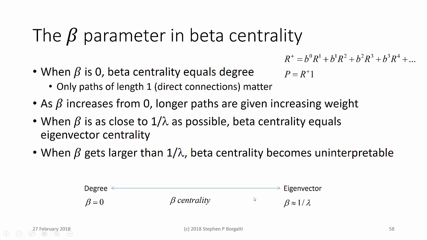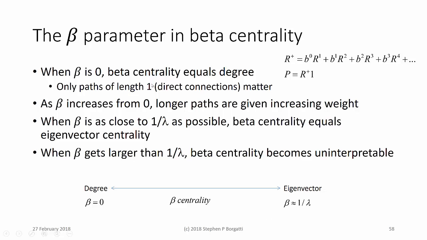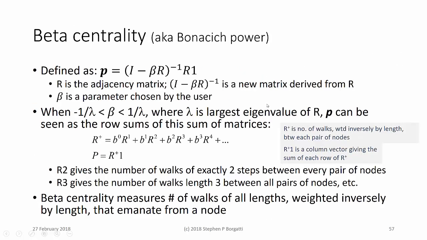So we have a new way of calculating eigenvectors. And that way is by using this formula, specifically that formula there, and simply setting beta equal to 1 over the largest eigenvalue in the matrix.